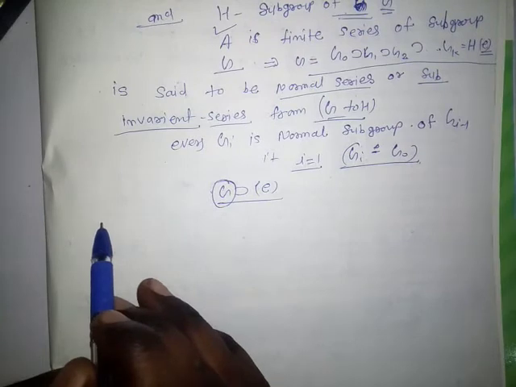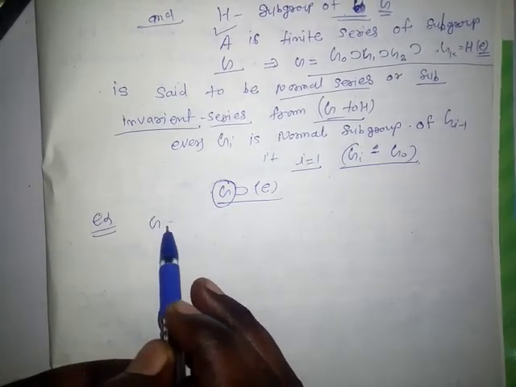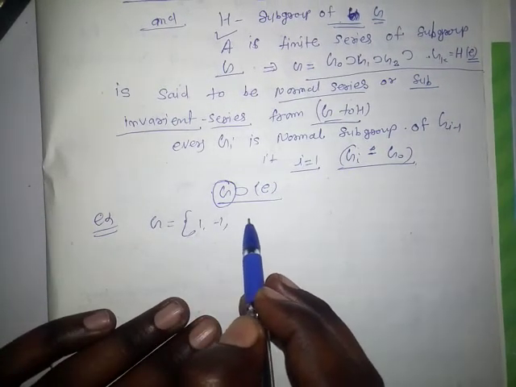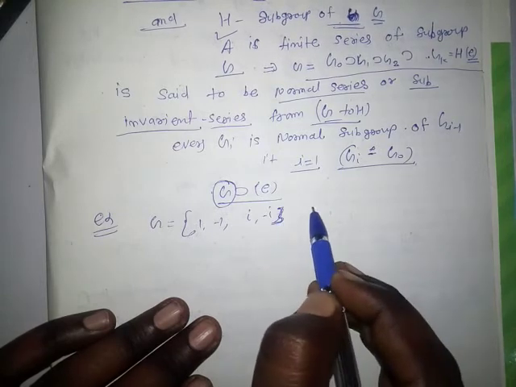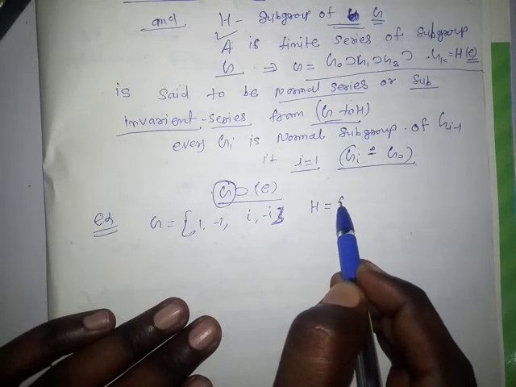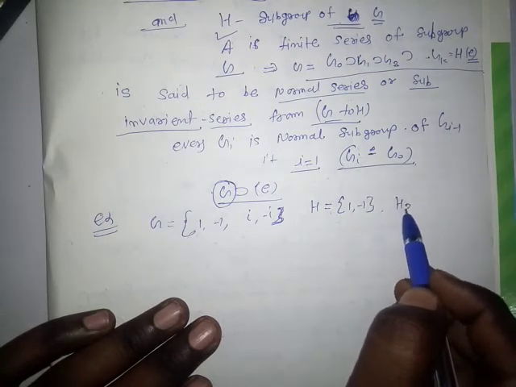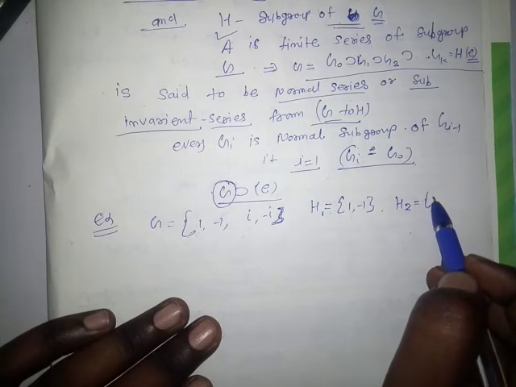Let me take one example, students. The example: G is the set {1, minus 1, i, minus i}, and H1 is the set {1, minus 1}, and H2 is {1}.